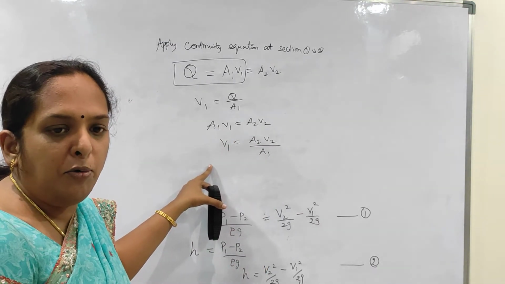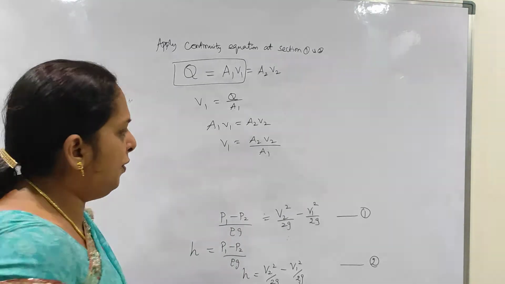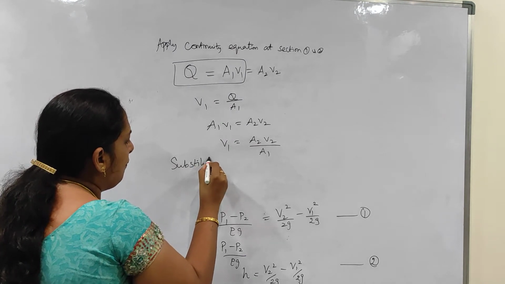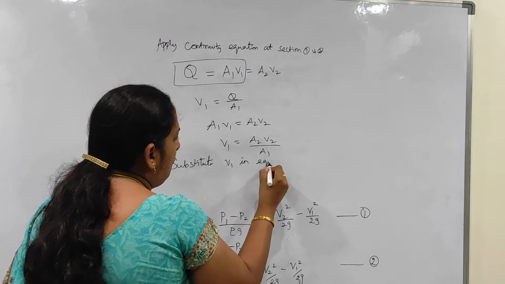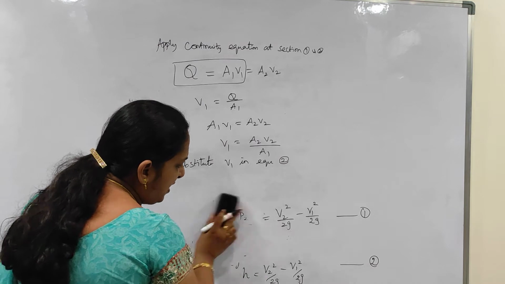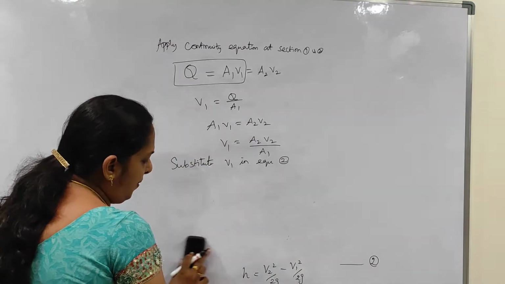Now we are going to substitute the value of V1 in equation number 2. What is equation 2? H is equal to V2 square by 2G minus V1 square by 2G.